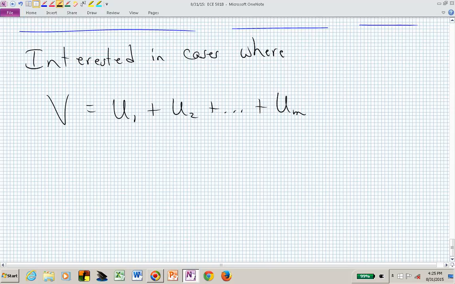We want our subspaces to completely fill or cover the underlying vector space. We also are interested in the case where this is a direct sum. So now let's define that.